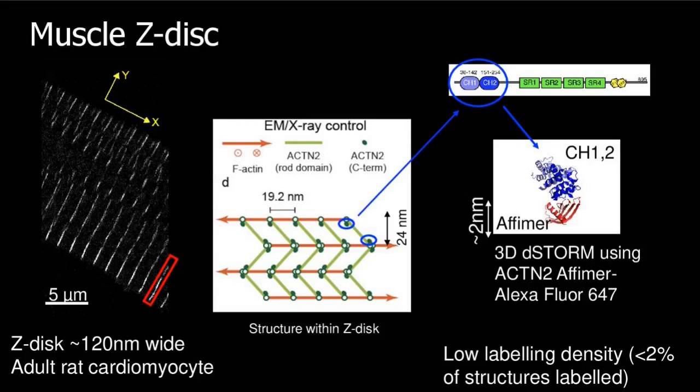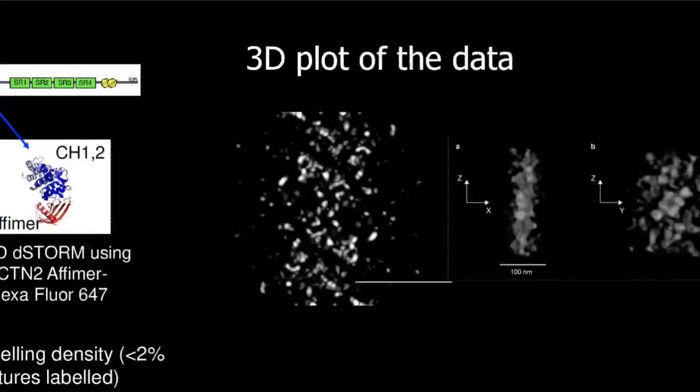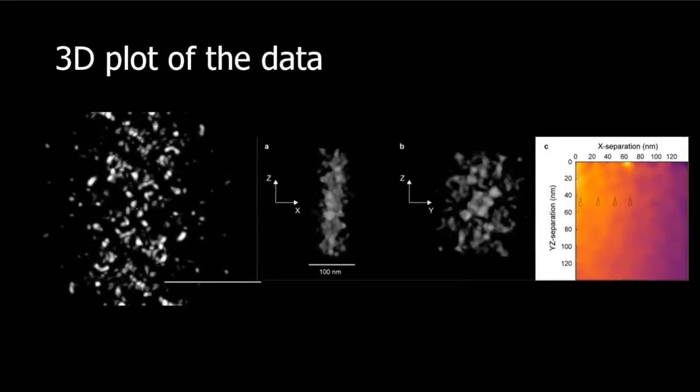The actinin binding domain is 2 calponin homology domains, and we have something called an affimer, which is a non-antibody binding protein that recognizes that domain. And this is really good for super resolution because it's really small, you can see it's about 2 nanometers, and we can put a specific single dye label on it and image it at low density using 3D STORM. So we don't have such a big linkage error.